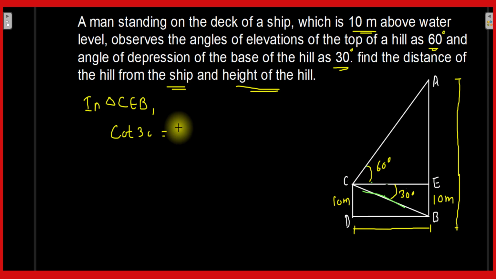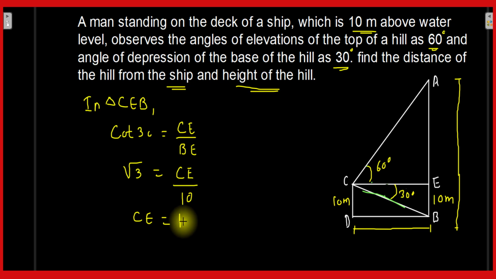So cot 30 is root 3, which is equal to CE, that we do not know, upon BE, which is 10 meters. Now take 10 to this side, we will get CE equal to 10 root 3 meters. Let this be number 1.